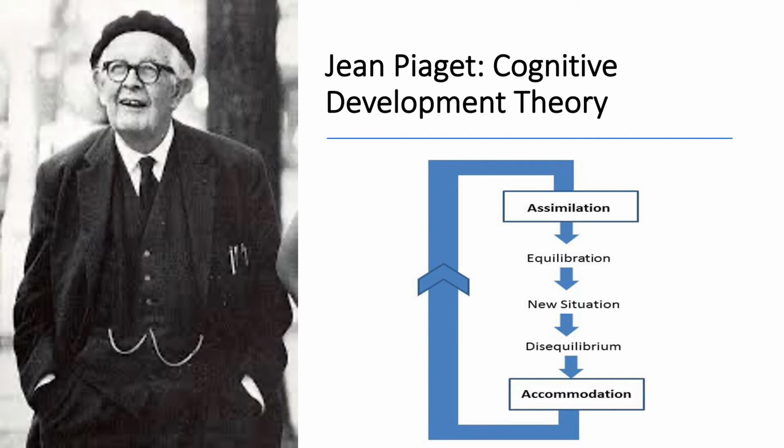So if you look at all the stage theorists, Sigmund Freud and the psychosexual stages, Erik Erikson and the psychosocial stages, Lawrence Kohlberg and the moral development stages, the best way to think of all of the stages is to put Piaget in the middle and look at everything associated with Piaget, as well as understanding the development of cognition.